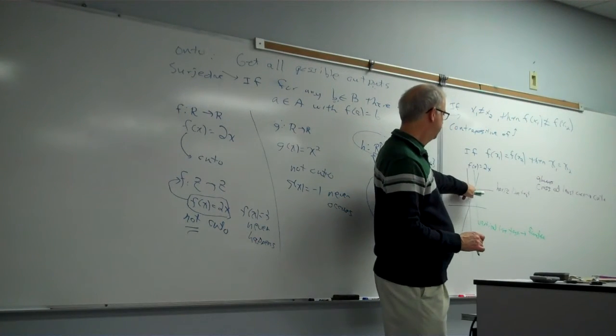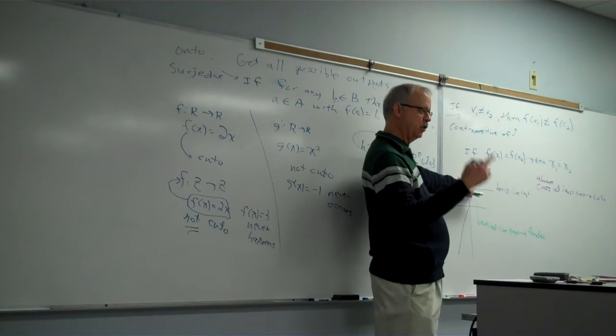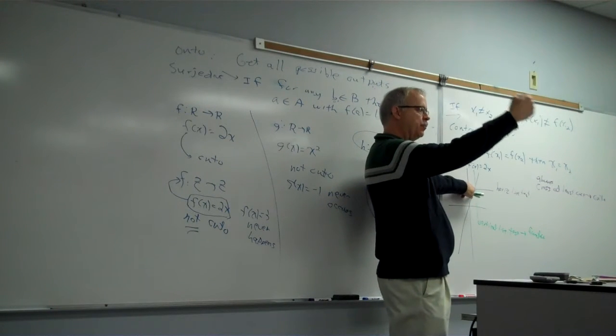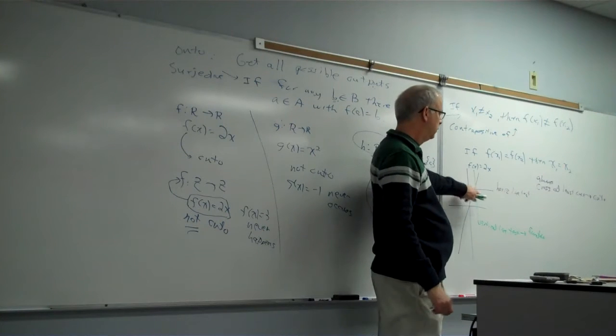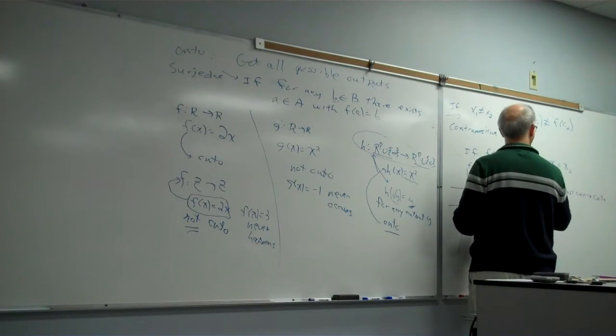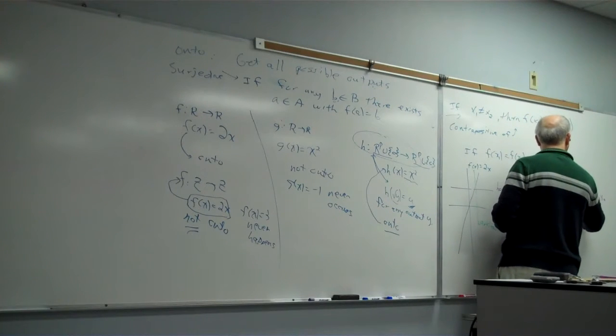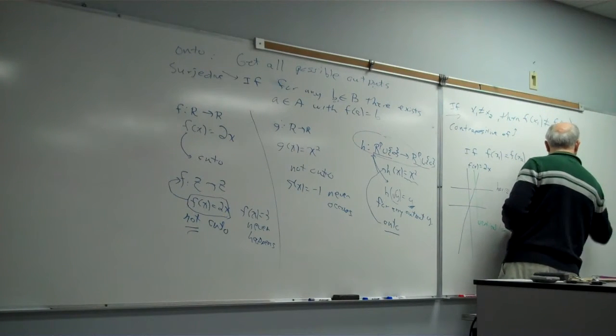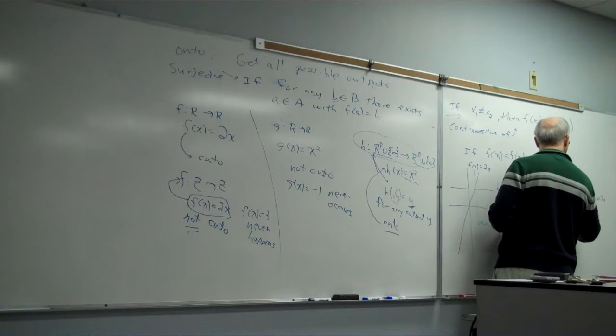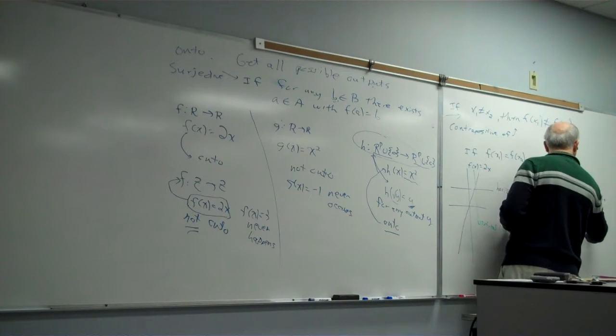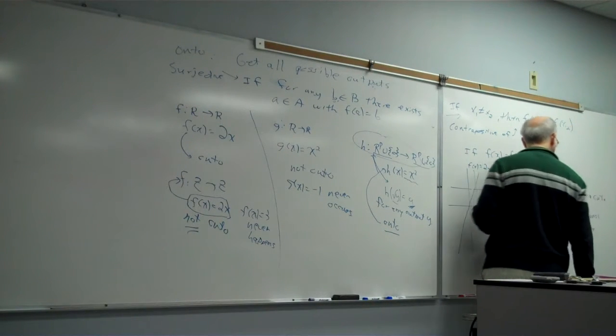Because a horizontal line is, okay, give me that particular output. And if we always cross at least once, that output we get. Where if we always cross at most once, that's what tells us it's 1-to-1.